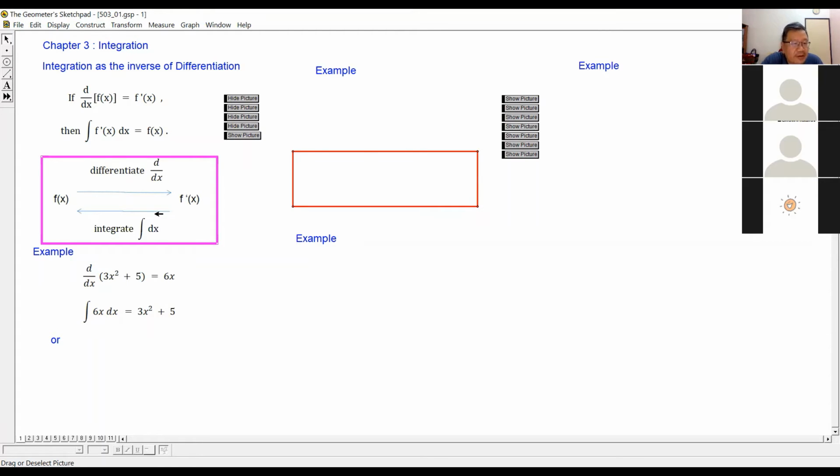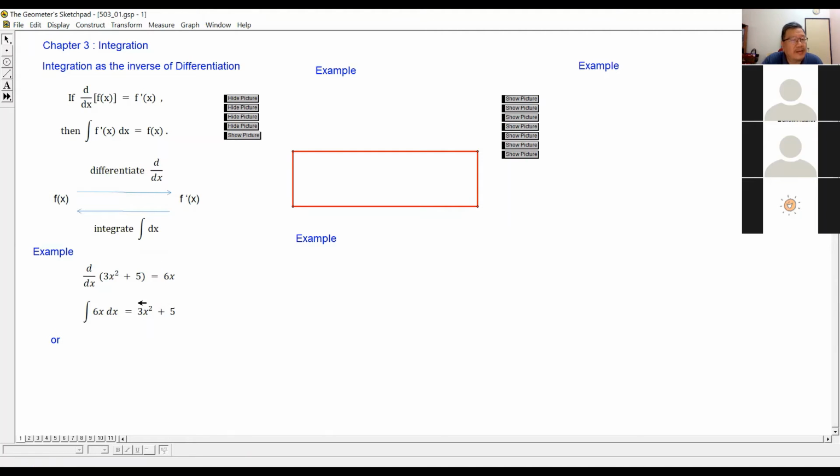The f prime x, you integrate, you get back the f(x). How to write differentiate? d/dx of this f(x). How to write integrate? You put the integration sign, then at the back you put there dx to show that you are integrating with respect to x.